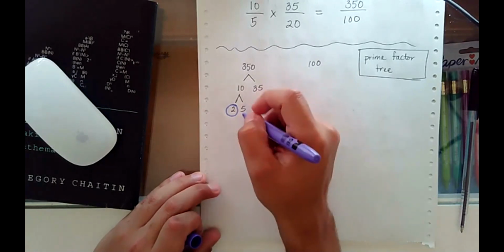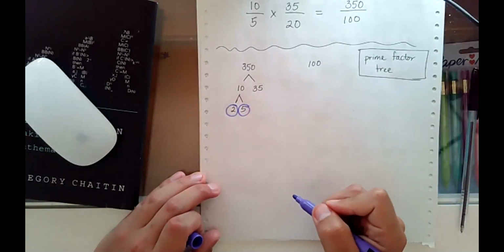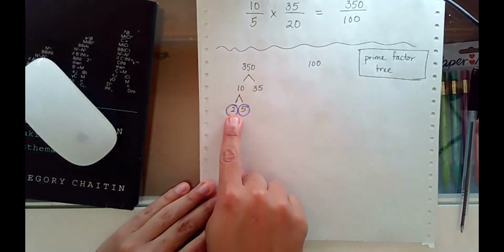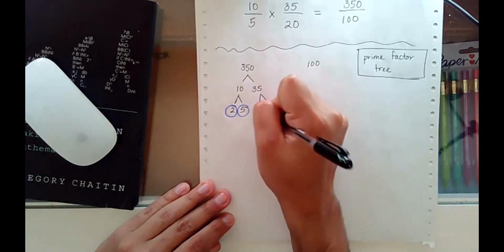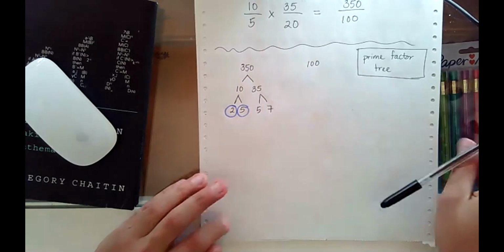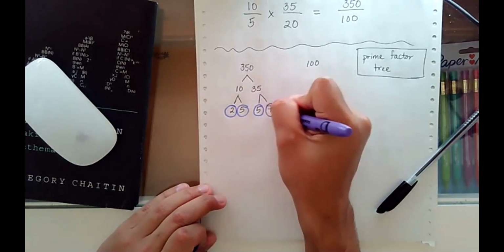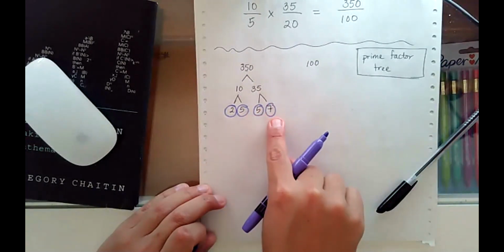5 is another prime number because only 5 times 1 makes 5. So I'm going to circle that. So we've completed this branch of our tree. Let's break down 35 into 5 times 7. And it turns out that these two numbers are prime as well. We can't break them down any further. 5 times 1 is the only thing that will give us 5. 1 times 7 is the only thing that will give us 7.